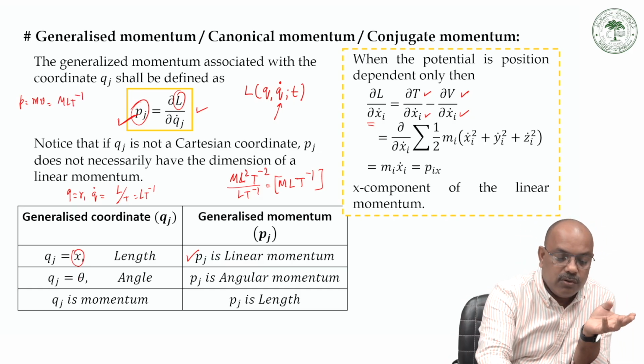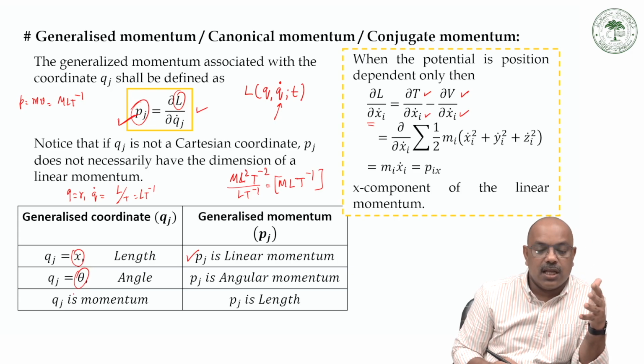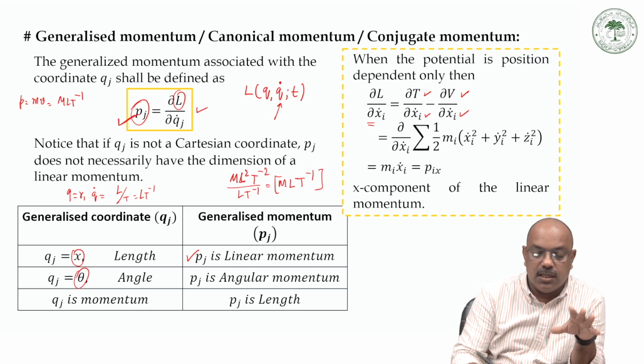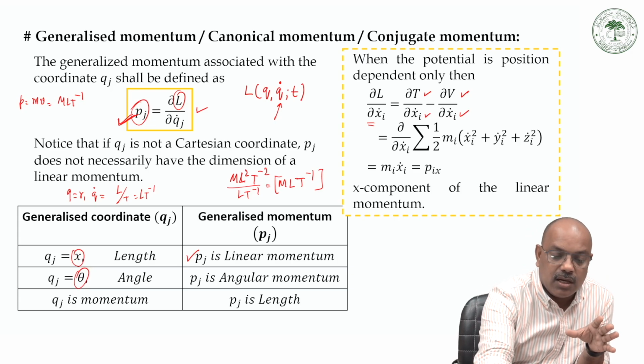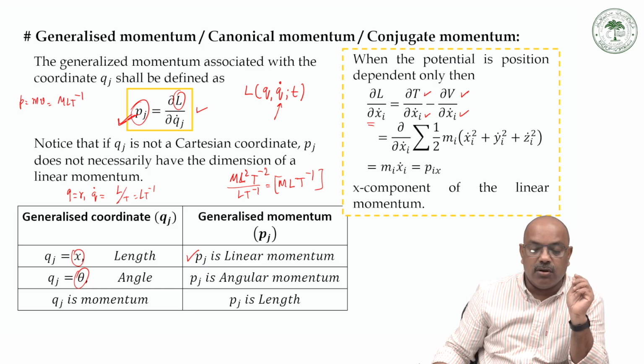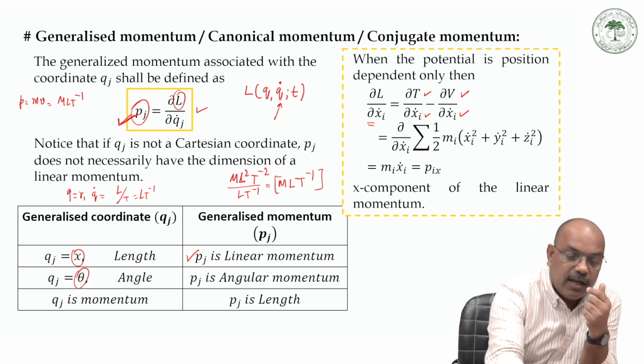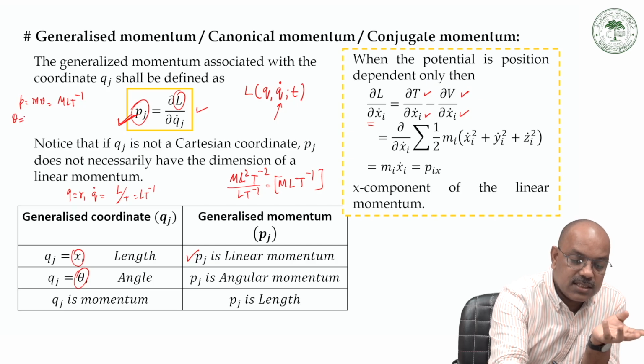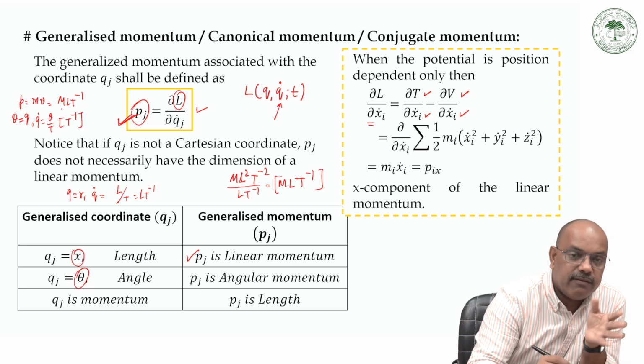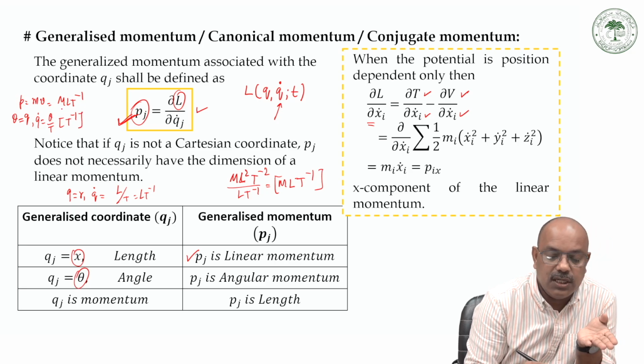But when the coordinate is theta, then this conjugate momentum pj is the angular momentum. When theta is your q, q dot is theta divided by t, which has the dimension of T inverse, because theta is dimensionless.